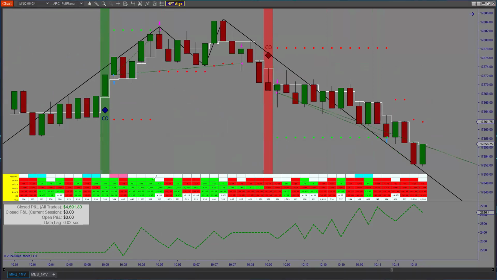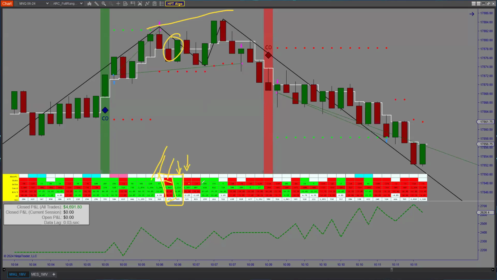So the state here is green. Then we flip to white. Then we flip to red. But notice we're not all red yet, which means we don't have a confluence signal here. We get all green, but we were already in a trade. So the theory is that as the market starts to slow down, net delta starts to shift.